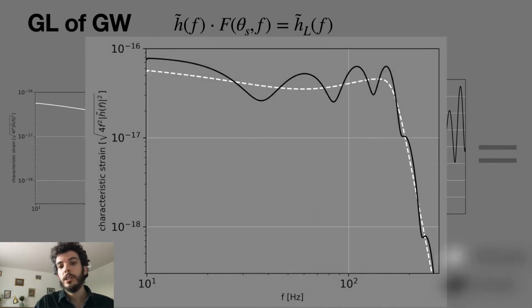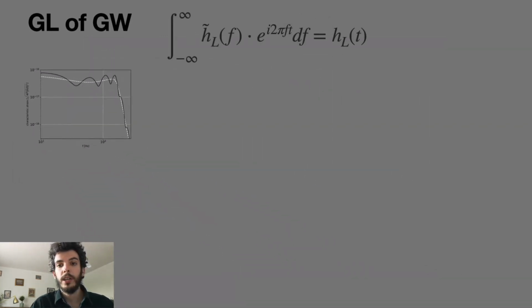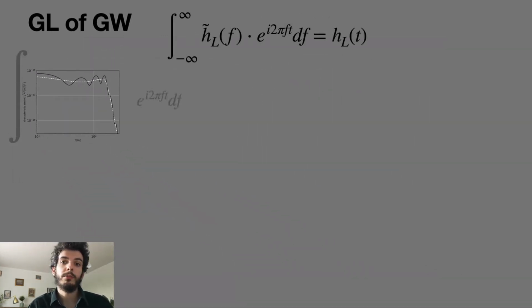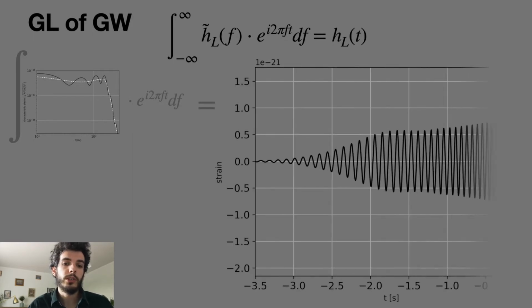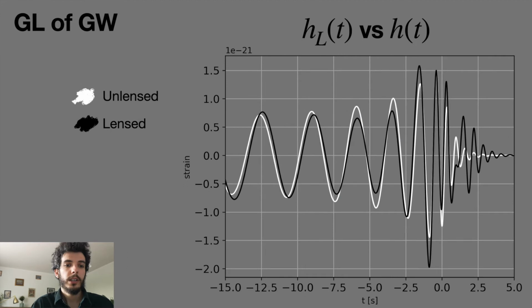In this plot, we can see the comparison between the unlensed and the lensed waveform in the frequency domain. Finally, to get the lensed waveform in the time domain, we compute the inverse Fourier transform.